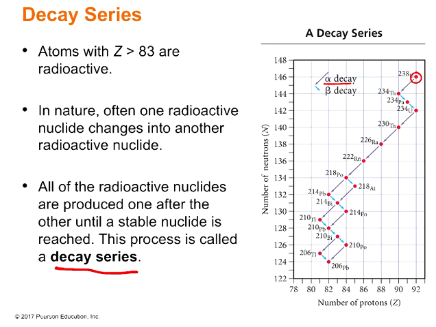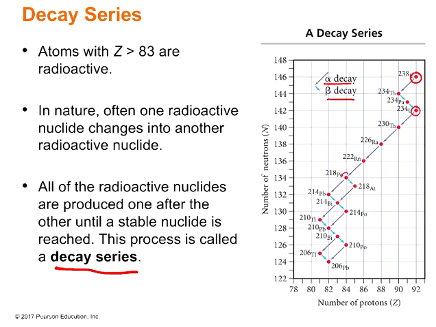Now, thorium-234 is also radioactive, and it's going to go through beta decay, which is shown with a blue arrow, to produce protactinium-234. And then that also goes through beta decay to produce uranium-234. And then uranium-234 goes through alpha decay to form thorium-230. Then that goes through alpha decay, and so on and so forth.